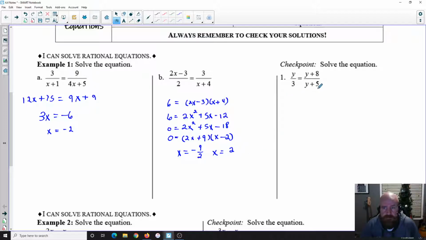Go ahead and try that one. Cross multiplying, we get y squared plus 5y equals 3y plus 24. Move everything to one side.